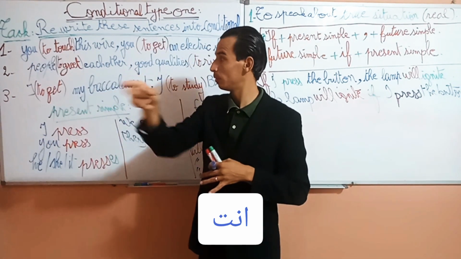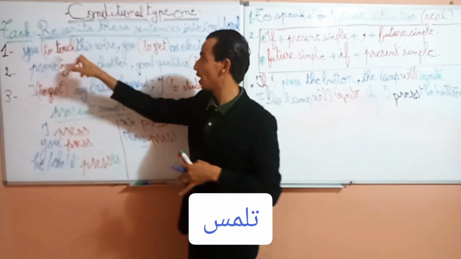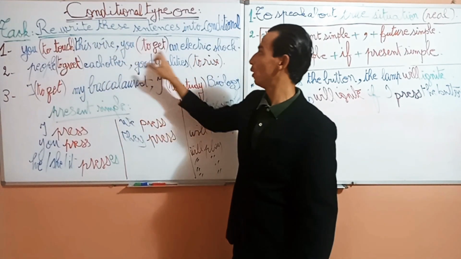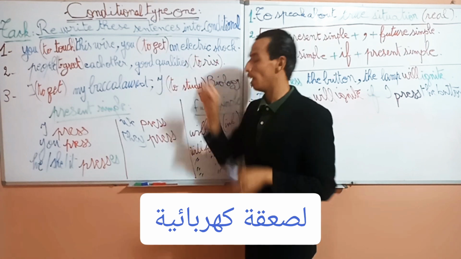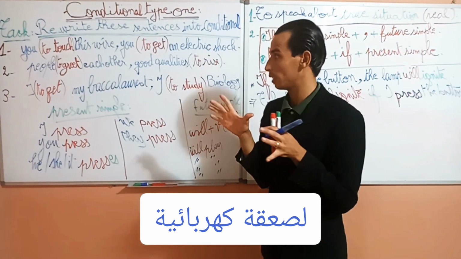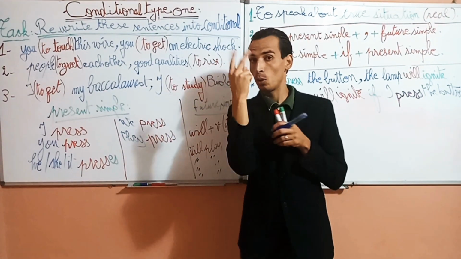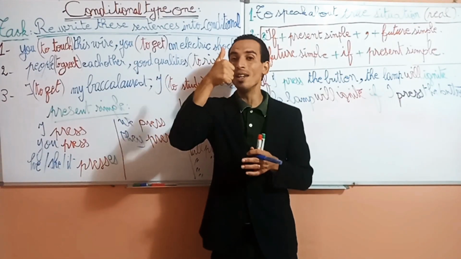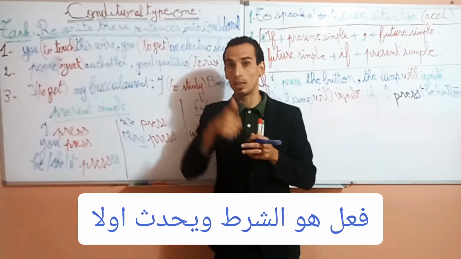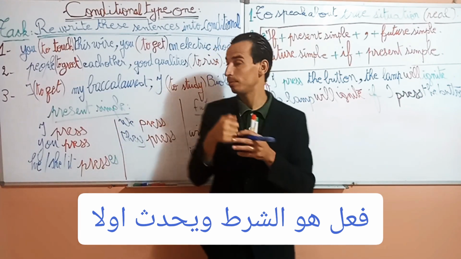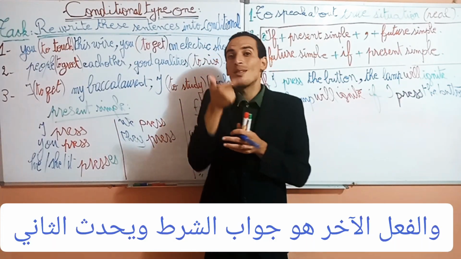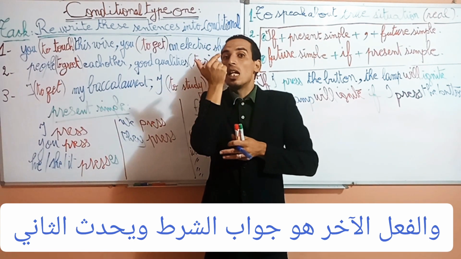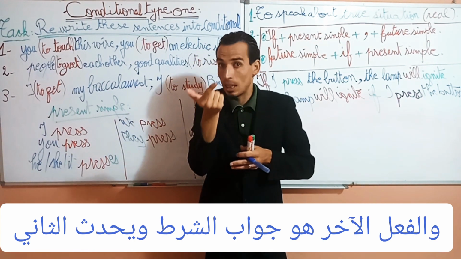You to touch this wire, you to get an electric shock. Here we have two verbs, to touch, to get. One verb is the condition, it happens first, and one verb is the result of the condition, and it happens second.